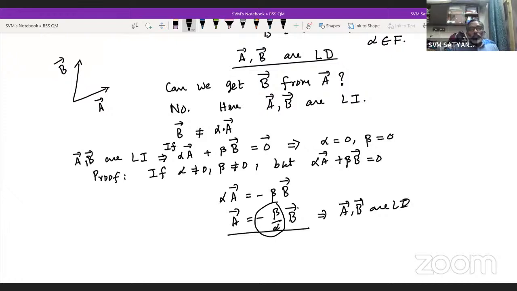But we started with the premise that they are linearly independent. If you make alpha and beta non-zero, then it gives you that they are linearly dependent. So the only way that this linear combination is 0 is by choosing the scalars from the field to be 0. In any other way, we will not be able to get this. Okay, so we can now generalize this one.